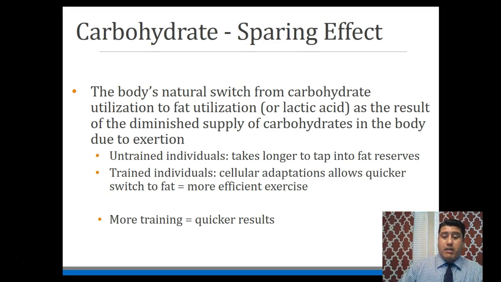If you're a trained individual, meaning that you're engaged in physical activity on a regular basis, your body realizes, you know what, let's just go ahead and switch to fats now, because we know that we're eventually going to have to do so. And that's why fit individuals have less fat on themselves. In untrained individuals, it usually takes longer just because your body's not used to it. It hasn't made the necessary cellular adaptations in order to become more efficient at burning fat.